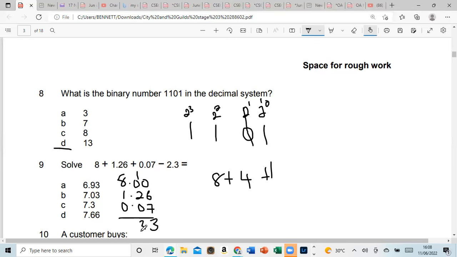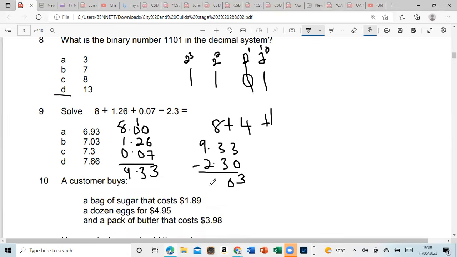This gives us 9.33. So this is 9.33 minus 2.30. I'll give you guys some visual. 0.33 and 2 from that 7. So that's 7.03.